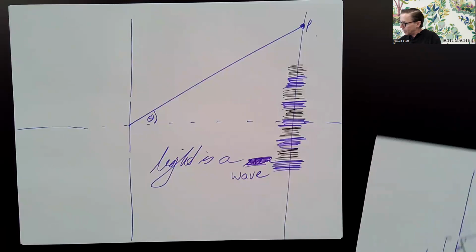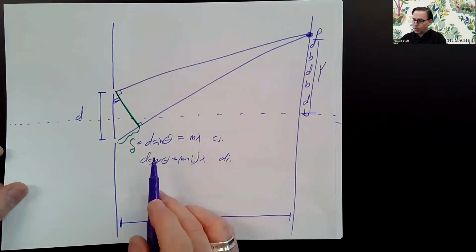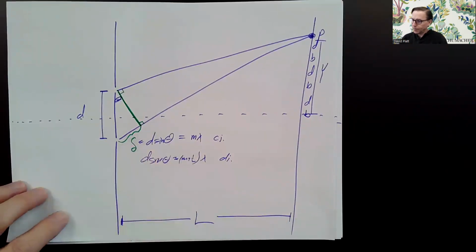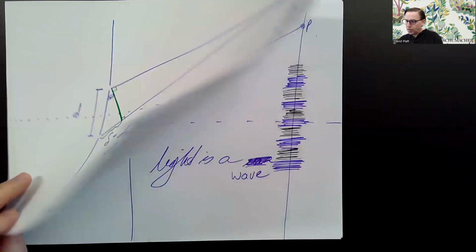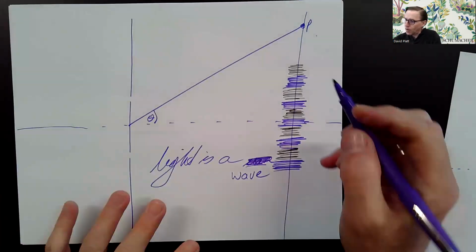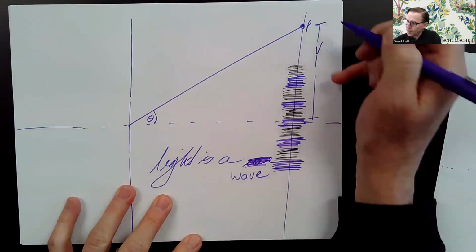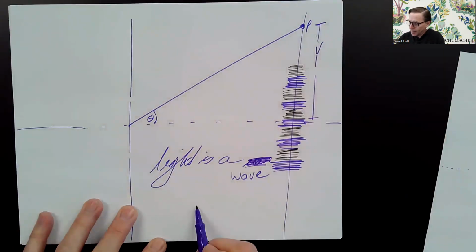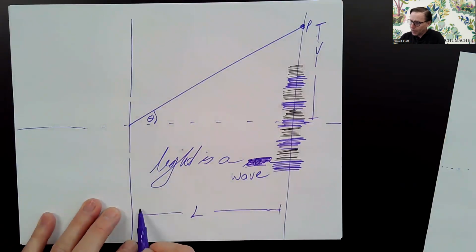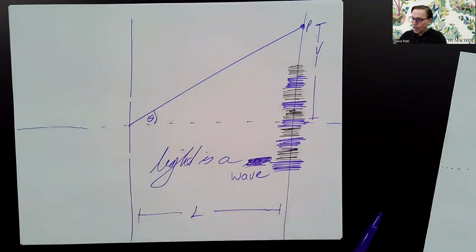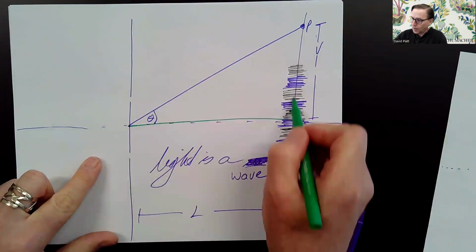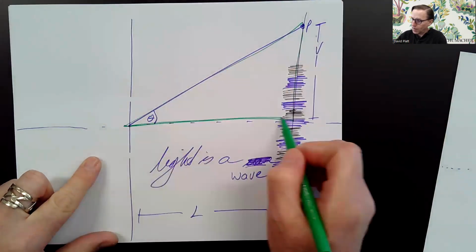Now let's see, we said d sine theta equals m lambda. And when I drew the picture bigger like this, you can also see that this distance y and this distance L are related to a right triangle as well.